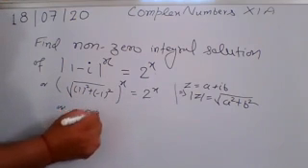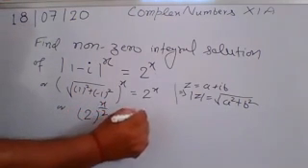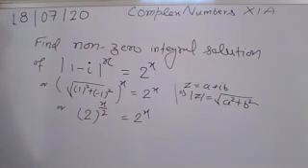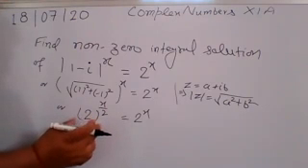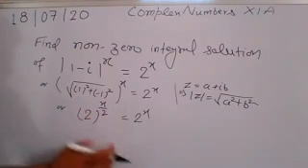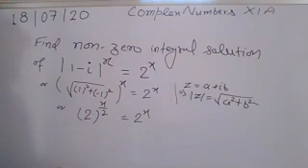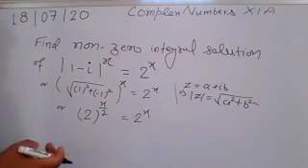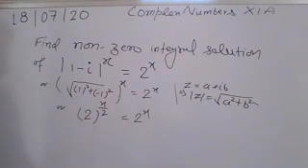You can write it as 2 to the power x by 2 is equal to 2 to the power x. Understand? Now, if you simplify, means if you transpose 2 to the power x by 2 to the right side, you have 2 to the power x upon 2 to the power x by 2.